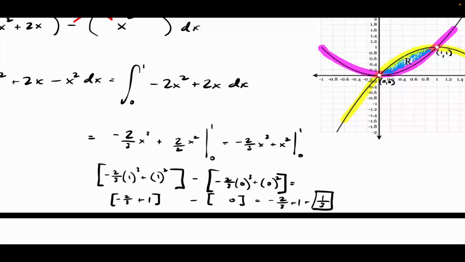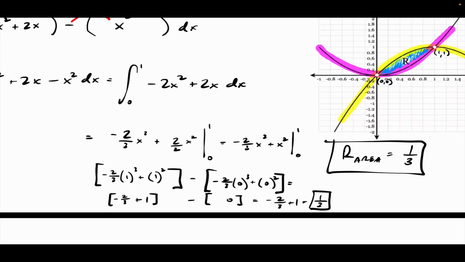So the area between the curves, so the area of R's area equals 1/3 whatever units. Okay?